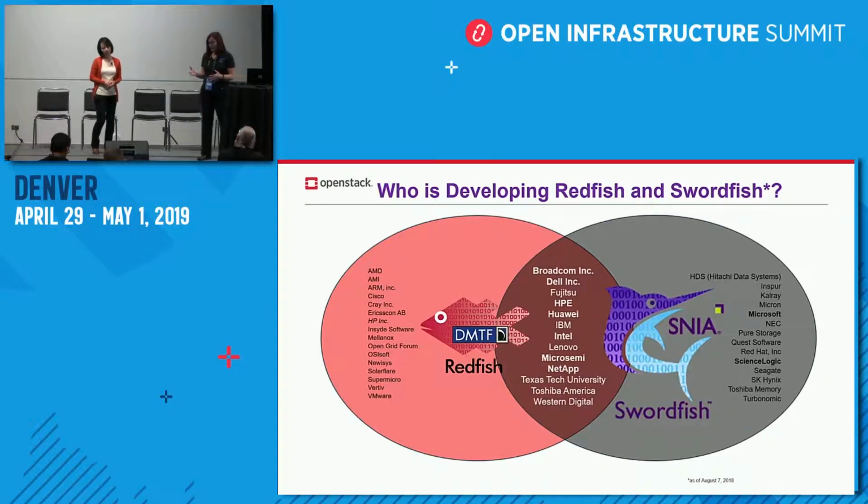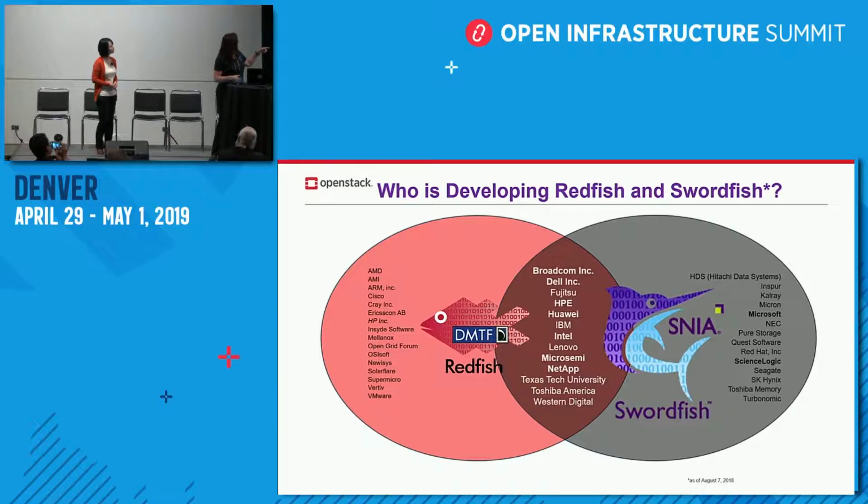So who's developing this? This one basically talks about both who's developing Redfish and who's developing Swordfish, and who cares about both of them. So these are all the vendors that are engaged in actually developing the standard and supporting the development of that.